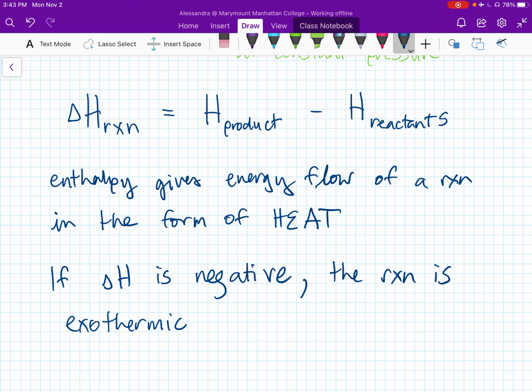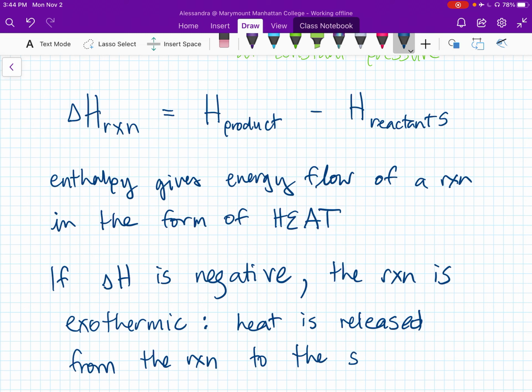That's what would have to happen to give us a negative delta H. So that means that heat is released by the reaction to the surroundings. So again, the reaction is the system that we're talking about.